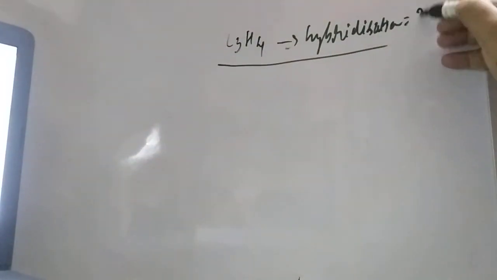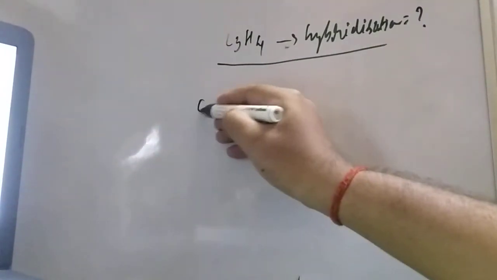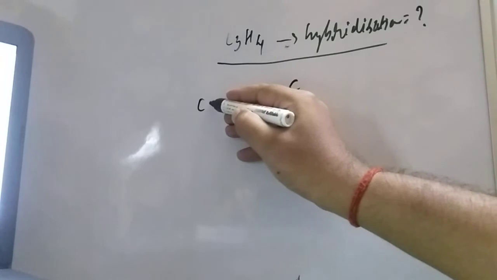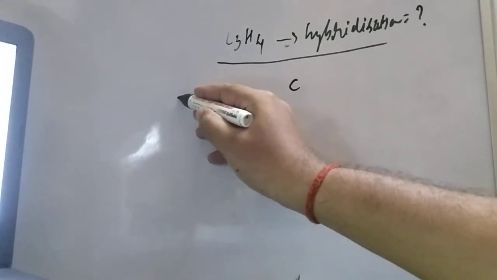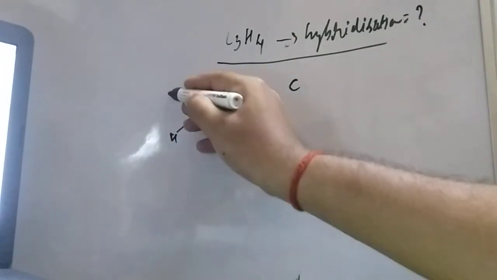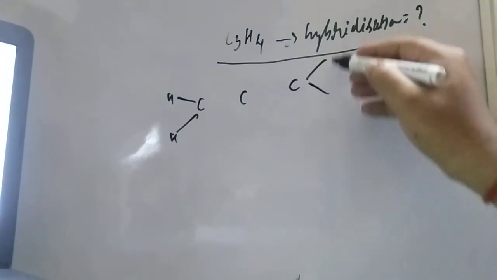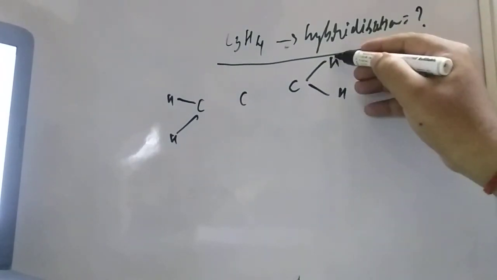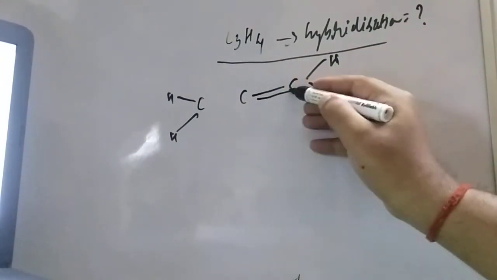Let us come to the board, student. There are 3 carbons, 1 2 3. You can keep 2 hydrogens at the corner positions, and put the double bond here and here.